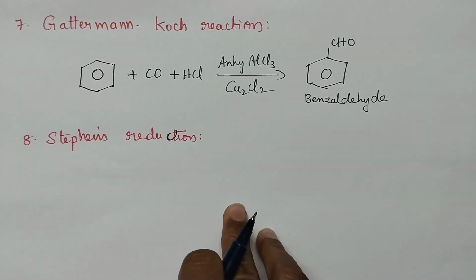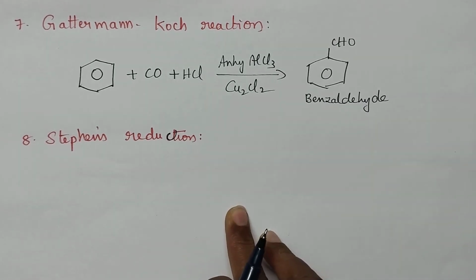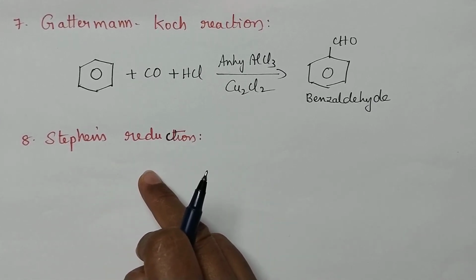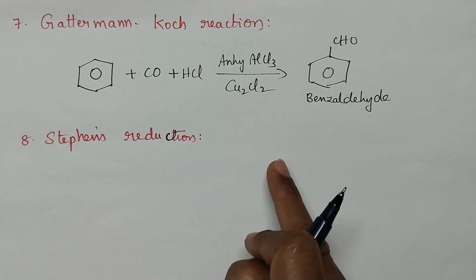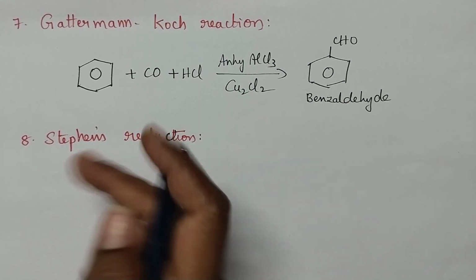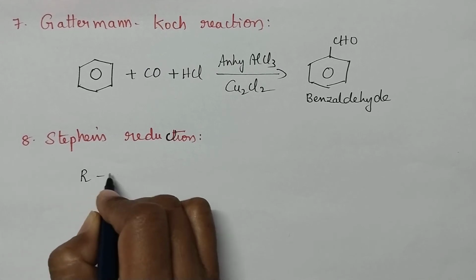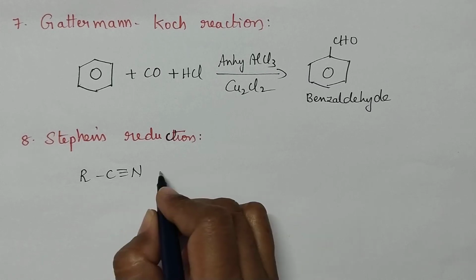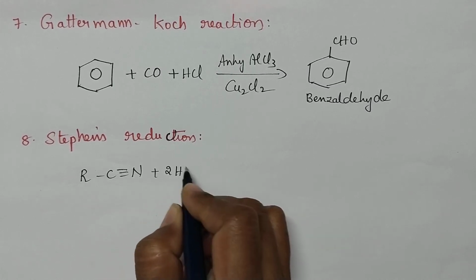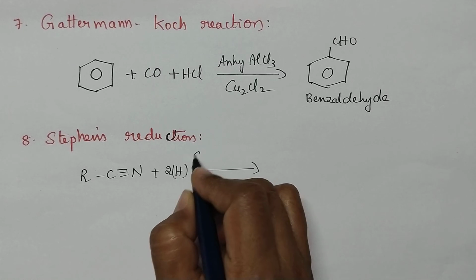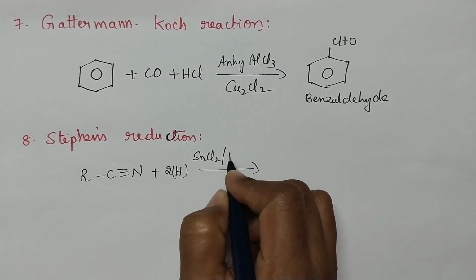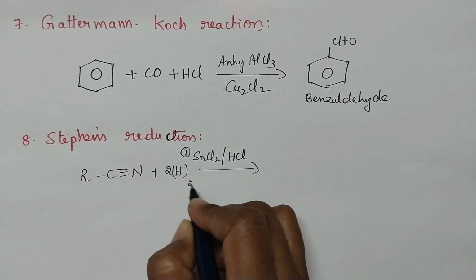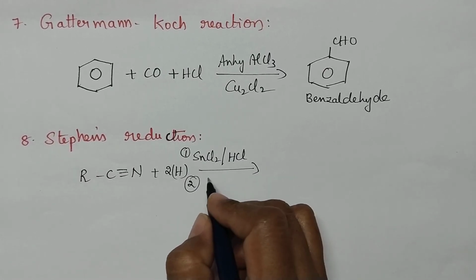And finally, we are going to discuss Stephen's reduction. So, Stephen's reduction generally involves the conversion of cyanide into the corresponding aldehyde. Let us consider a simple reaction. Let us consider alkyl cyanide. So, it undergoes reduction in the presence of stannous chloride and HCl, followed by hydrolysis.